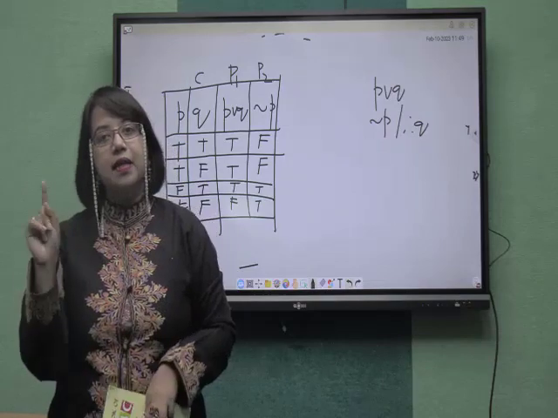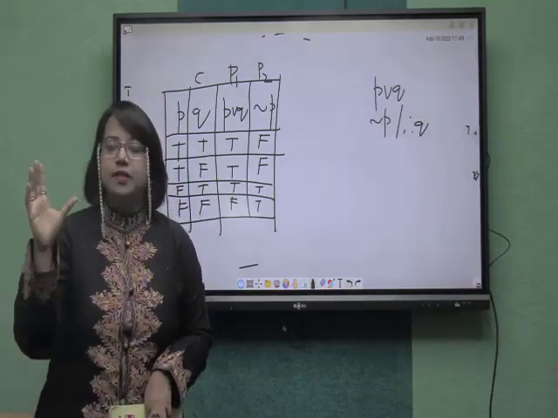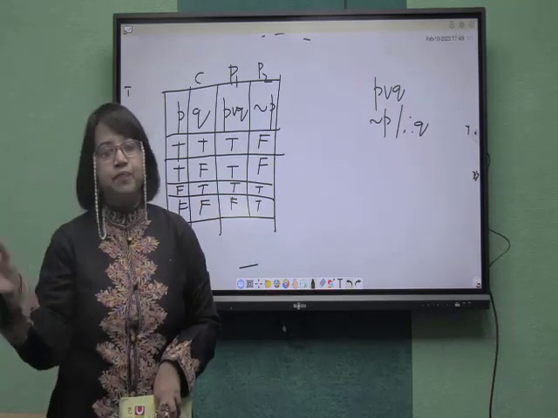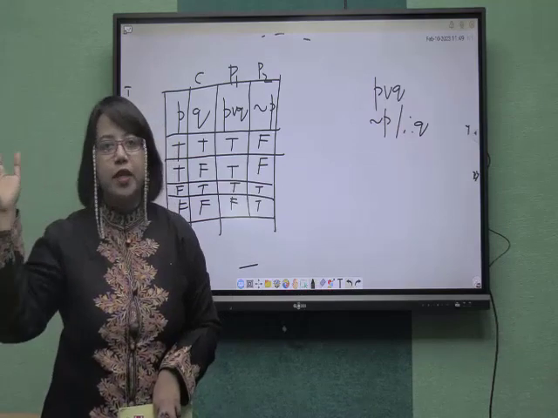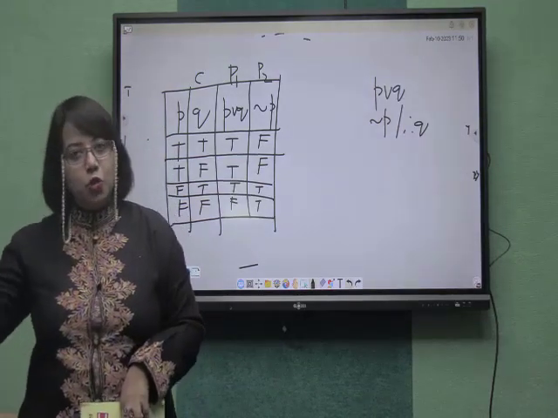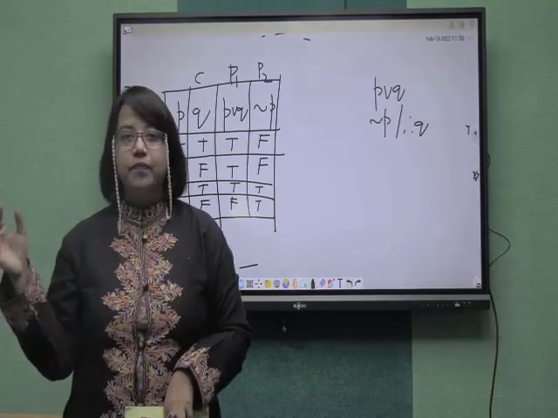Even in a single row in the entire representation of the argument, if we find that both premises are true at one and the same time and the conclusion is false, then the argument is invalid.